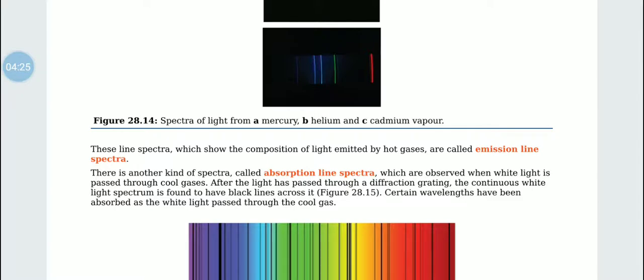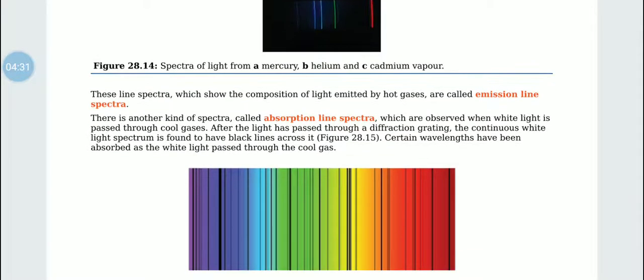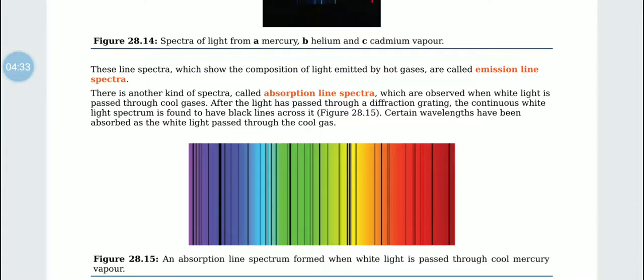Then there is another kind of spectra known as absorption line spectra. This happens when white light passes through cool gases and is then sent through a diffraction grating.